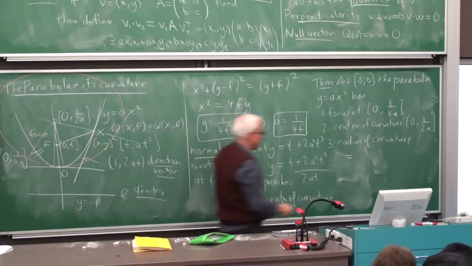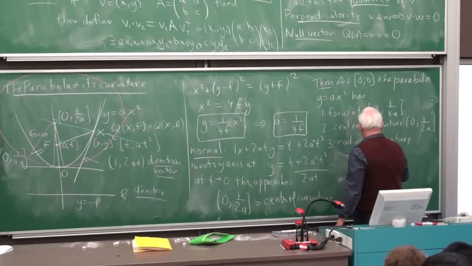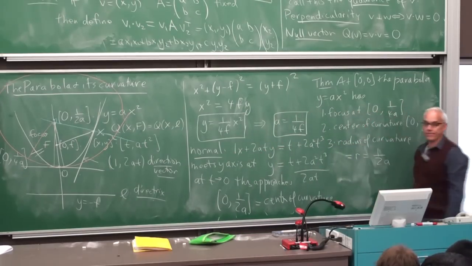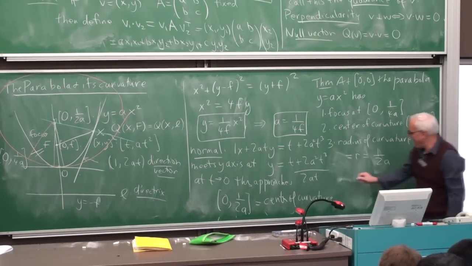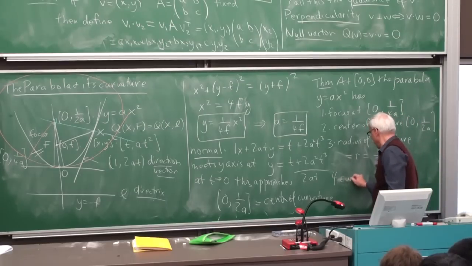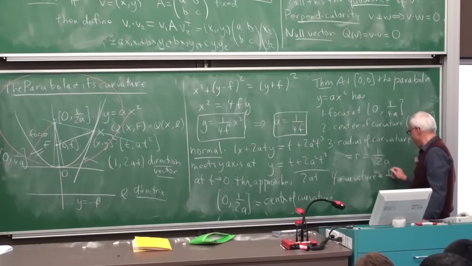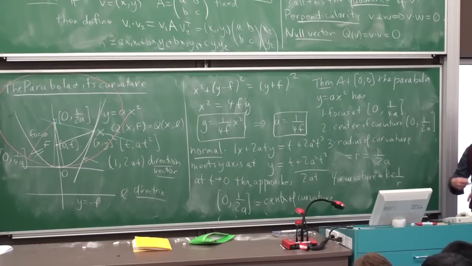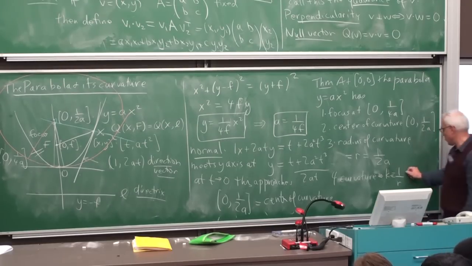So the radius of curvature, which we could call r, is 1 over 2a. And the actual curvature, usually called little k, is by definition 1 over r, 1 over the radius of curvature. That's going to be 2a.